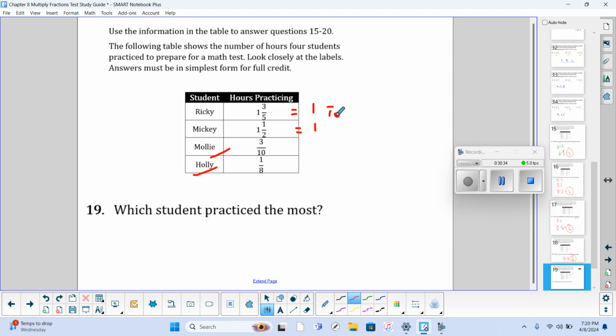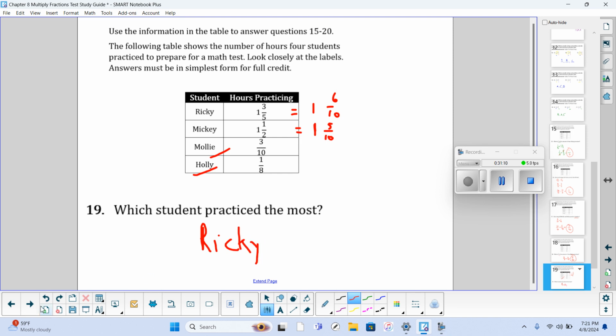So Ricky is 1 and double 5 is 10, so double 3 is 6. 1 and 6/10. Mickey is 1 and 1/2, which would be 1 and times 5 for the denominator. 1 and 5 times 2 is 10, so 5 times 1 is 5, so 1 and 5/10. So what's bigger, 1 and 6/10 or 1 and 5/10? The answer is 1 and 6/10. So the student that practiced the most is Ricky.